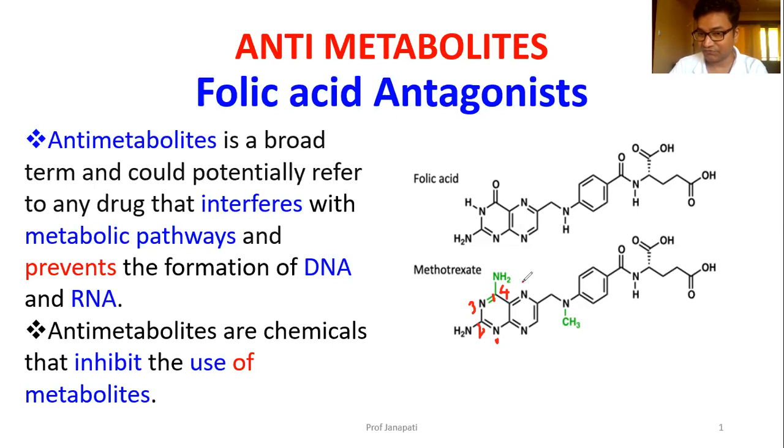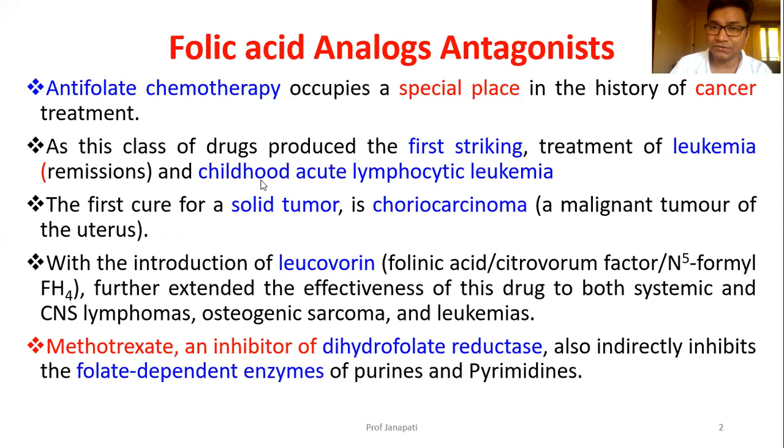Both are the same: 5, 6, 7, 8, 9, and 10. So this is the structural difference between folic acid and methotrexate. Now you can see that these folic acid antagonist drugs are very, very good drugs.